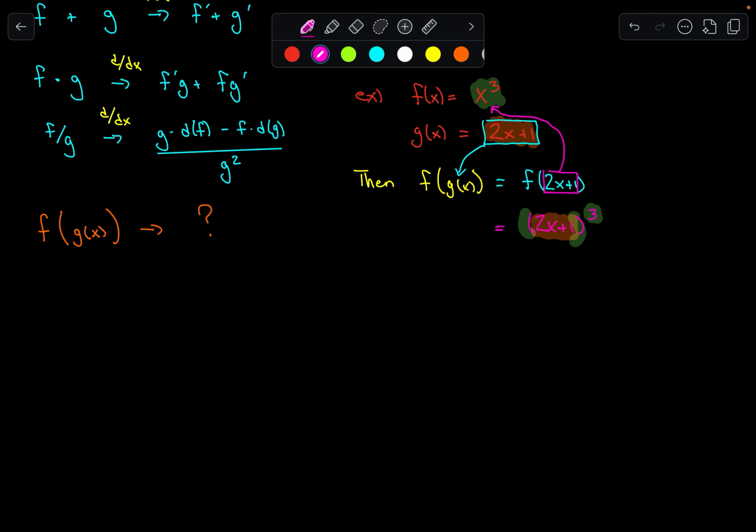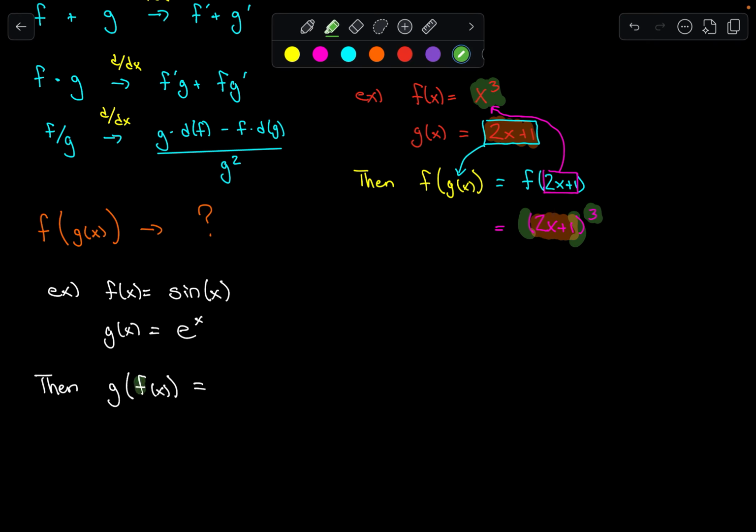Similarly, maybe we'll use some different functions. Maybe we'll do one more. Let f of x be equal to sine of x, and g of x be equal to e to the x, right? Maybe we'll do it the other way this time. So g of f of x is going to equal, okay, this time we have f of x on the inside.